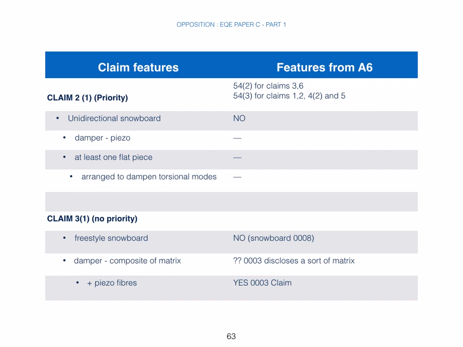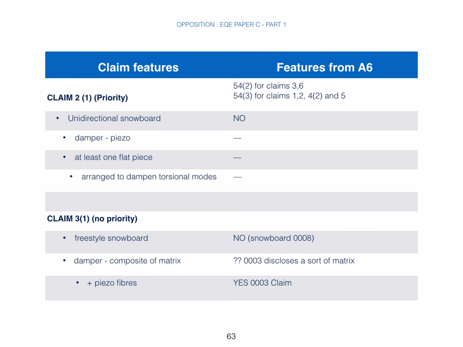Unidirectional snowboard? No. The features of claim 2 are not present. Claim 3, freestyle snowboard? No. It mentions a snowboard in paragraph 8. Damper? Question mark. Piezoelectric fibers? Yes, in claim.